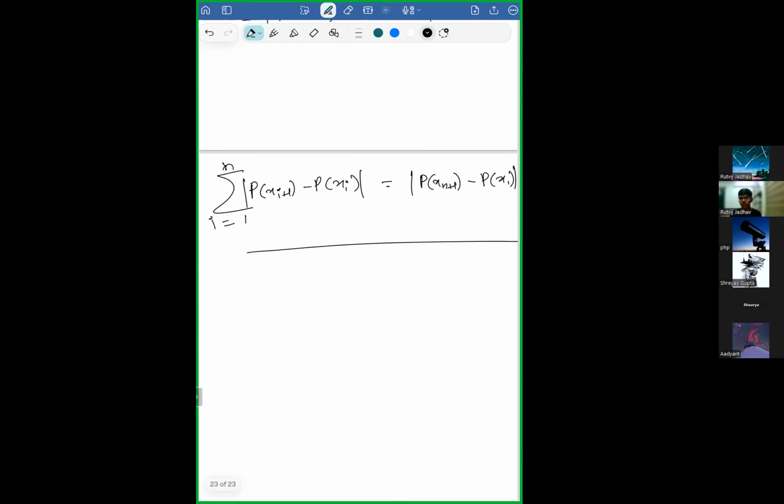What can we say from this? Say we did not have the mod on the LHS. What would be the value of the sum on the LHS if we did not have the mod?